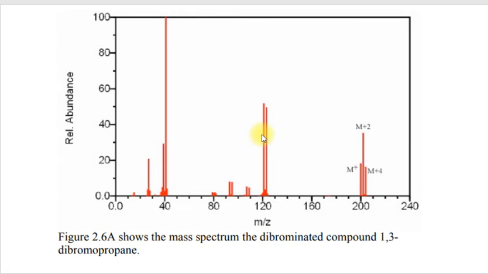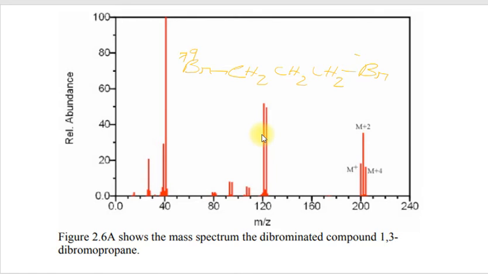In this case, this is the mass spectrum of a 1,3-dibromo compound, CH2, CH2, CH2, then here you have Br, here you have Br. So these two bromine atoms can have different combinations.